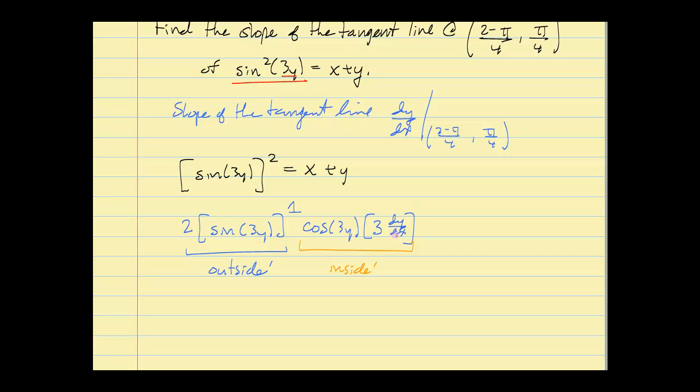In this case, the derivative of 3y is 3 dy/dx because I took the derivative with respect to a variable other than x. That's the implicit portion here. On the right hand side, the derivative of x is 1. The derivative of y is 1 dy/dx.